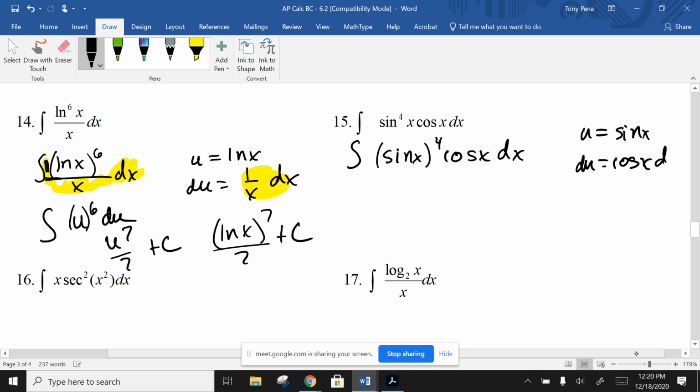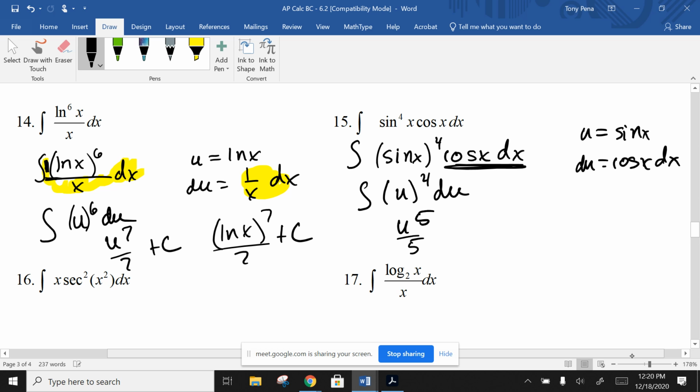So let u be sine of x, du is cosine x dx. So we now have u to the 4th. The cosine of x dx is gone with our du substitution.